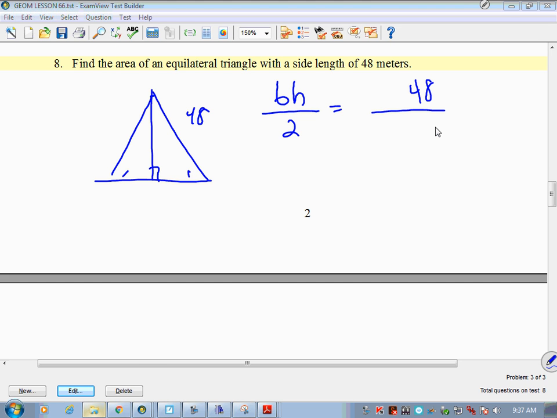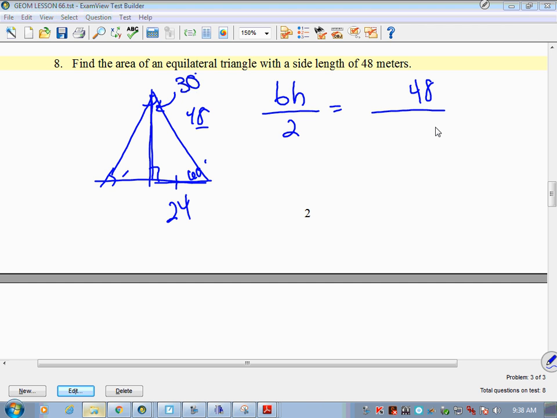Because this is an equilateral triangle, it means it was originally all equiangular, right? So if I draw this line, what happens to that angle? It becomes 30. It gets divided by 2. So it's a 30, 60, 90 where, what's this side length now? If this was 48 and I drew this line, it becomes 24.